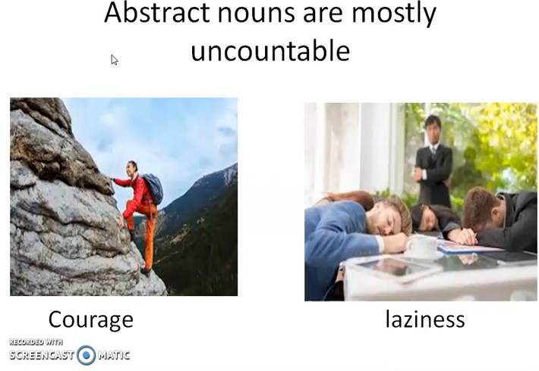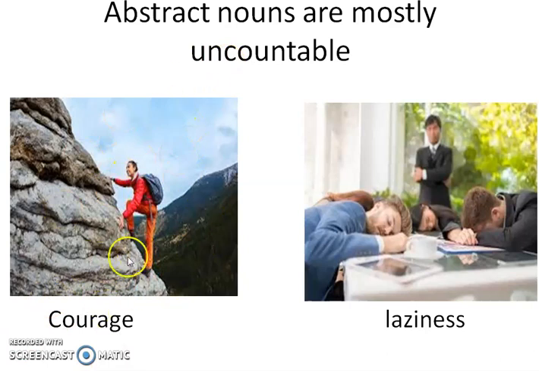So abstract nouns are mostly uncountable. We deal with them as we did with the uncountable nouns. And the abstract nouns talk about different things like the five senses, the taste, the feelings, the opinions, the thoughts, etc.